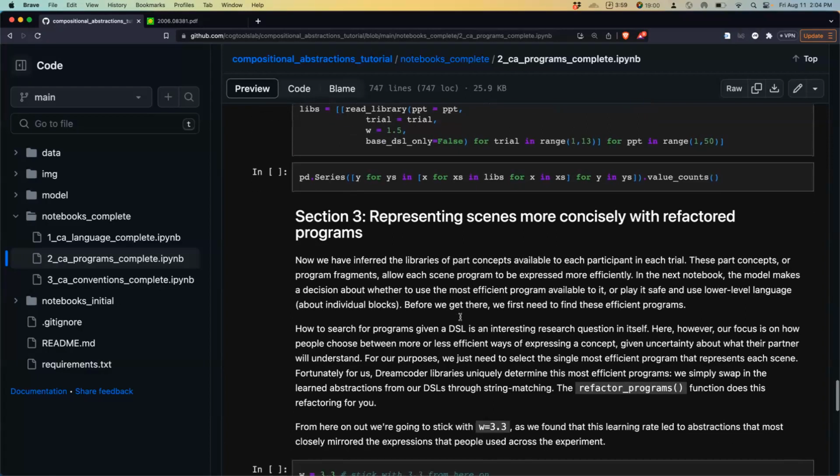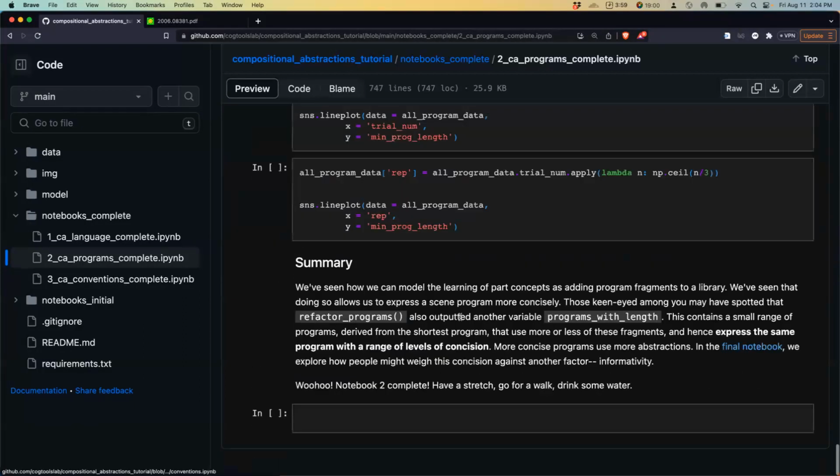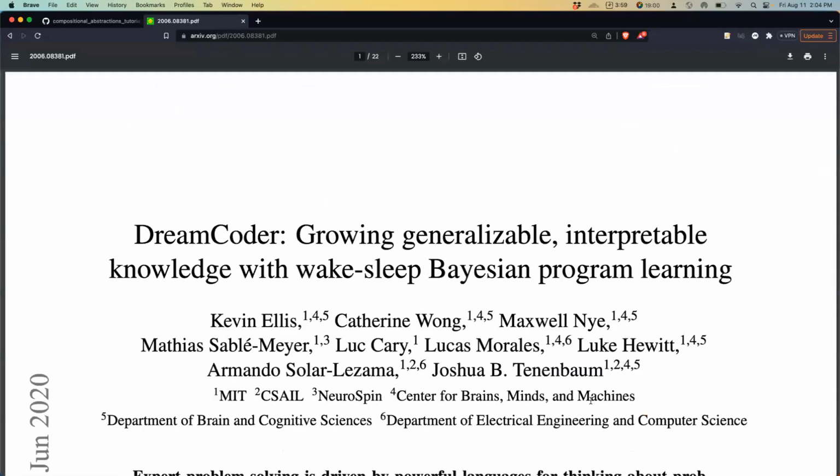We've been working with these for a while, this library learning thing, and I found it really hard to get into because, this is a joke about Armando, who is the lead author of this. It is his lab that did a lot of this, and he's one of these astoundingly good engineers that is completely inscrutable.